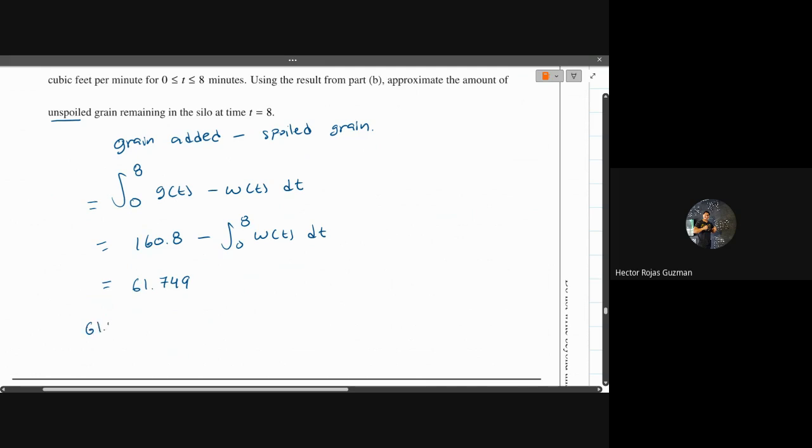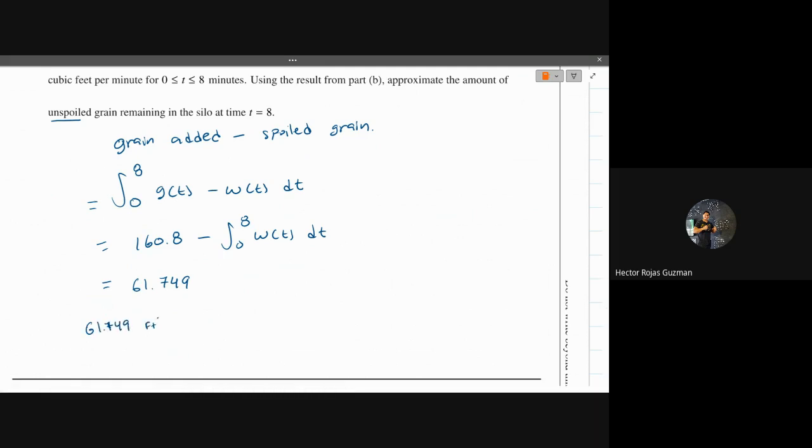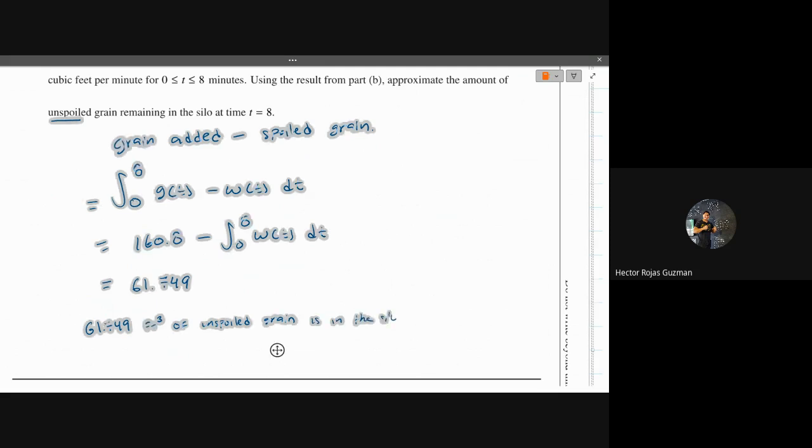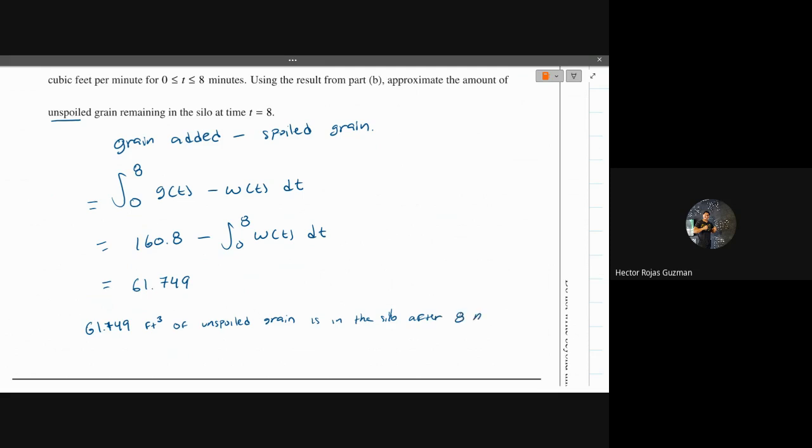This means that 61.749 cubic feet of unspoiled grain is in the silo after 8 minutes.